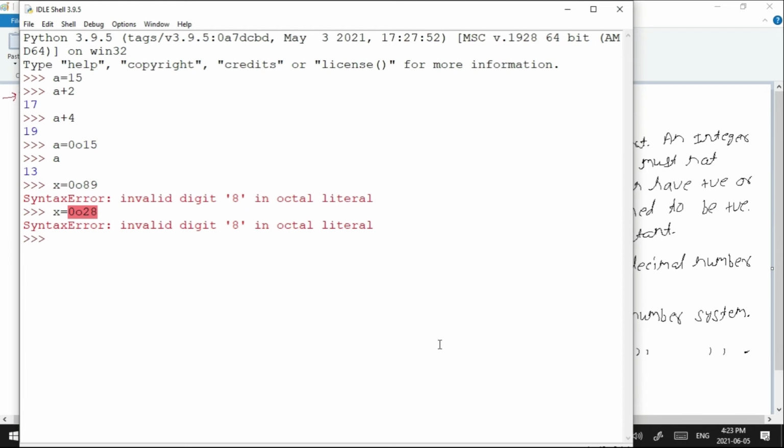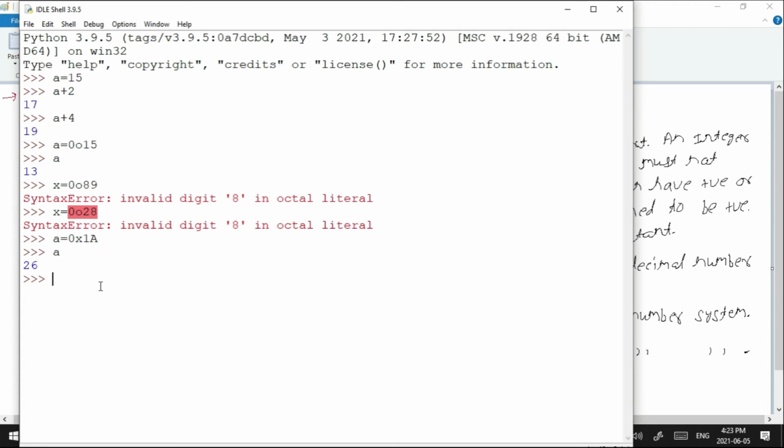Let me write it. A is equal to 0x1a, and then press enter. So I have stored a hexadecimal number in the variable a, and that hexadecimal number is 1a. Type a, press enter, it's 26. It means 1a in hexadecimal is 26 in decimal. That's why the variable is printing 26.